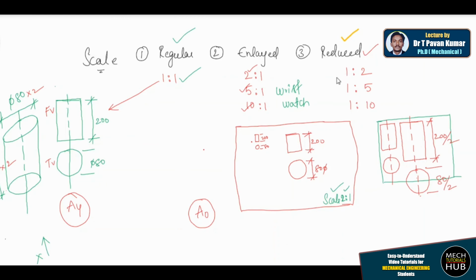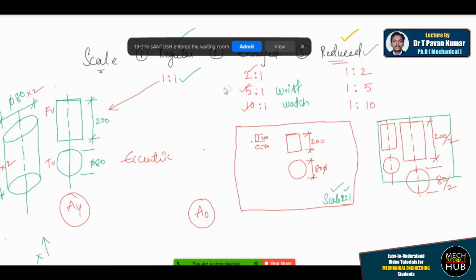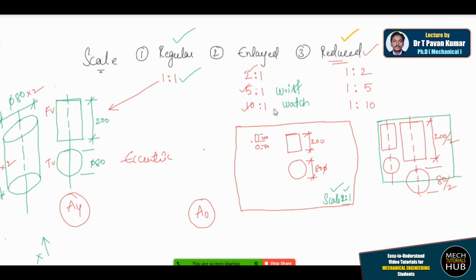Try to understand. And for our assembly, coming to the machine drawing assembly part, reducer scale is very much helpful, because when you draw big components like eccentric or eccentricity, you are supposed to draw the front view and the side view, because it is symmetrical with respect to horizontal.